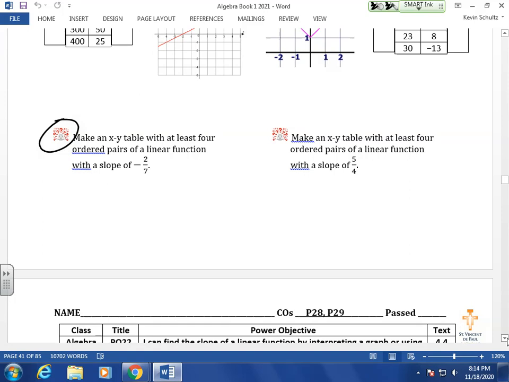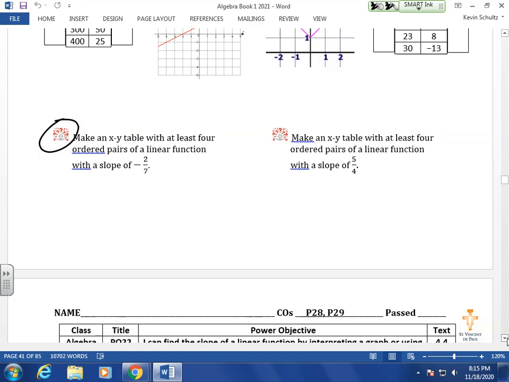If both are increasing, y by 2 and x by 7, then you have it wrong. If y is decreasing by 2 and x is decreasing by 7, you also have it wrong. Okay? Doesn't matter which one's going up and which one's going down, but one is increasing, the other is decreasing.